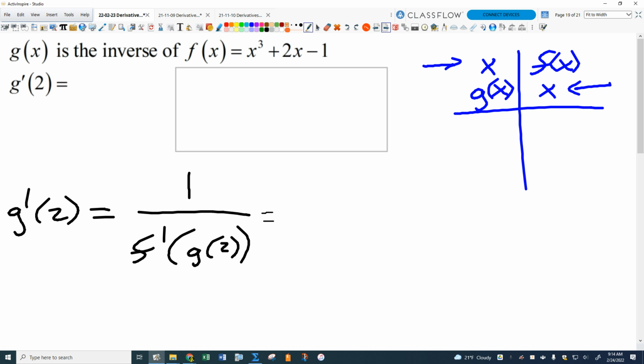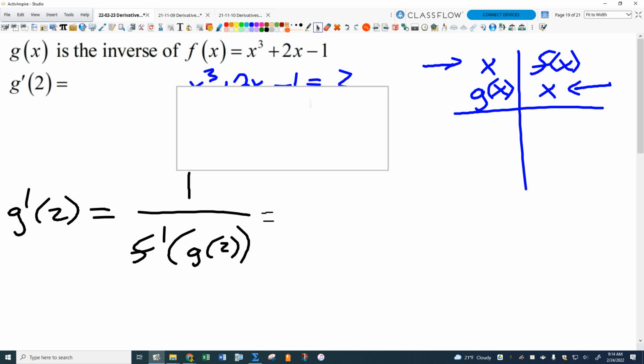I honestly think this is supposed to be a harder question, but I think this is an easier one in a way. So they're telling us g of x is the inverse of this function that they give us, and they want us to calculate g prime of 2. Well, we know that g prime of 2 is just 1 over f prime of g of 2, right? So we got to make our little table then.